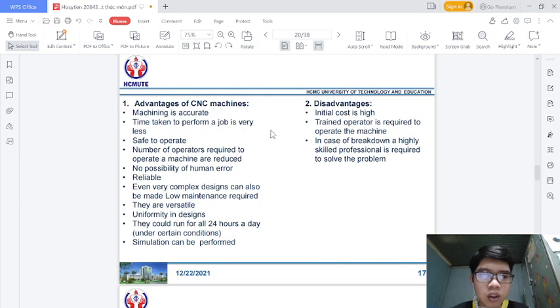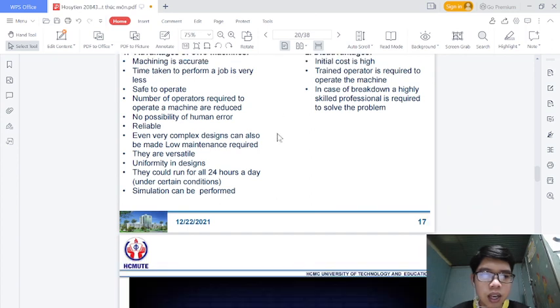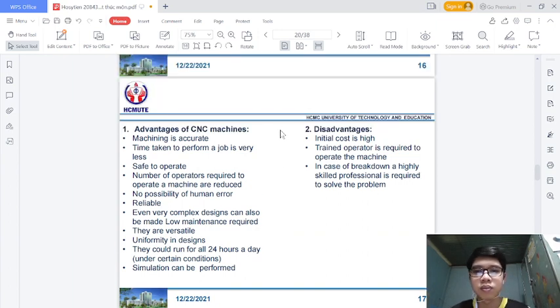Even very complex designs can be made, and low maintenance is required. They are versatile, with uniformity in design. They can run 24 hours a day. Simulation can be performed.